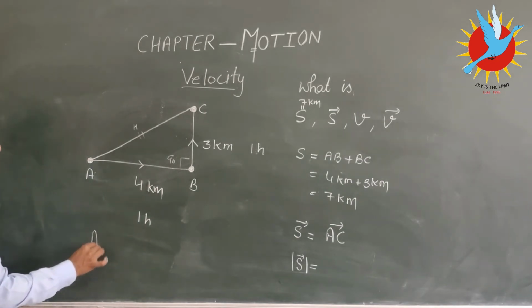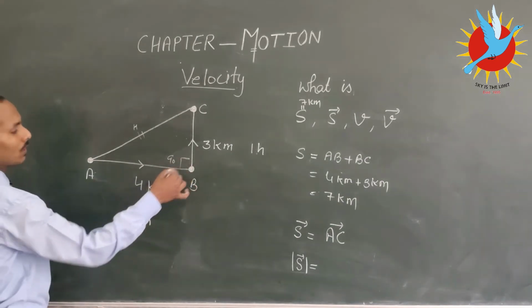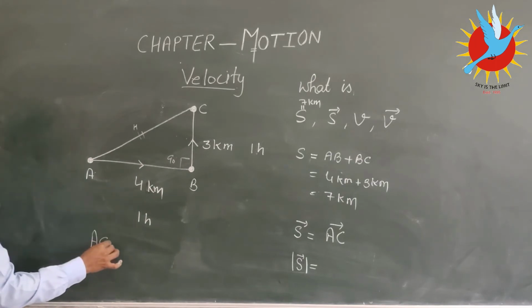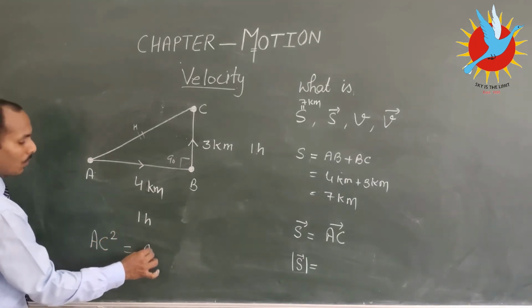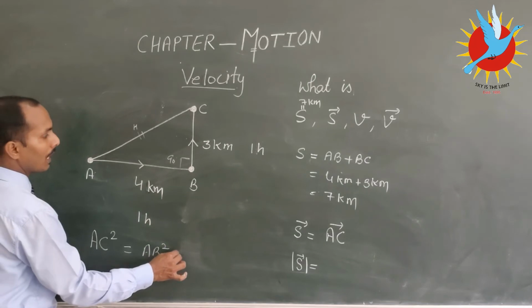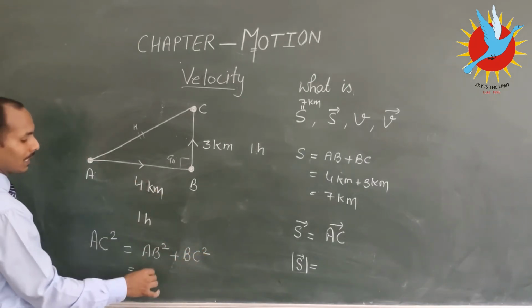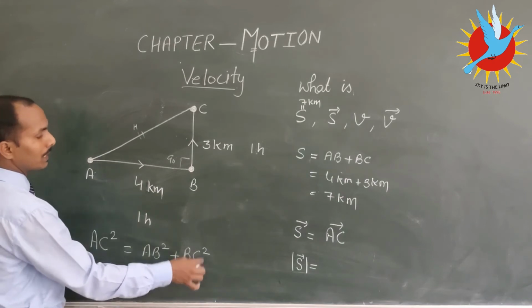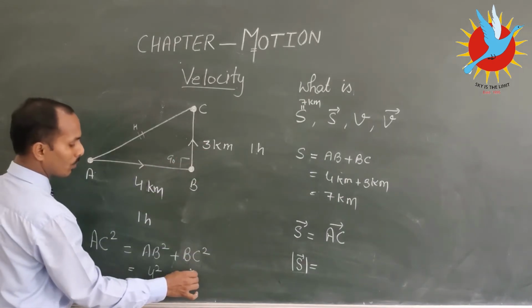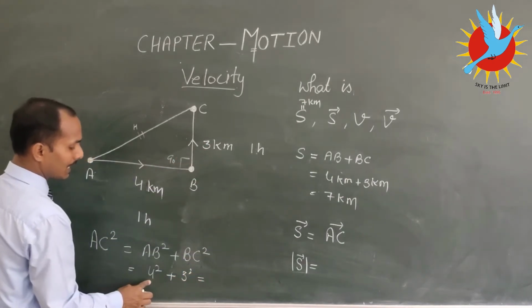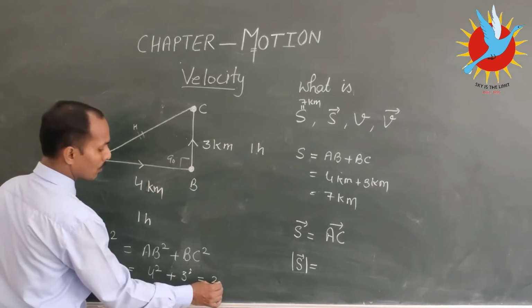We know this is a right angle, so you apply the Pythagoras theorem: AC square is equal to AB square plus BC square, which is 4 square plus 3 square, which is 16 plus 9, which is 25.